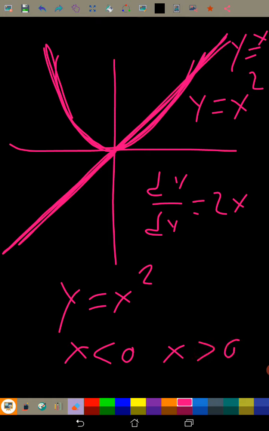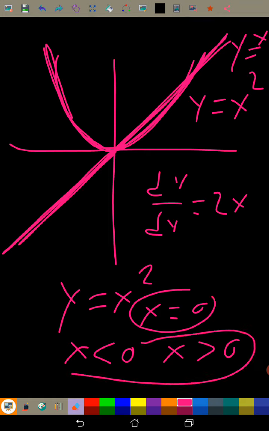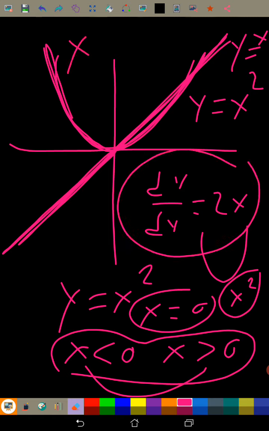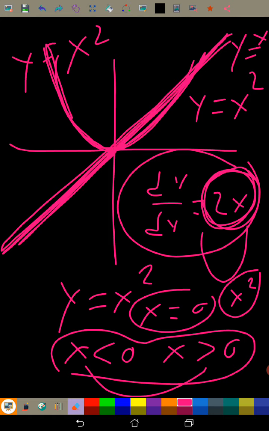It's only when x is equal to 0 that it's 0. But that's not true. It's for the derivative. If the derivative is equal to x squared, then this is true. But if we want to find the derivative of y is equal to x squared, we have 2x, and it's just a line like this.